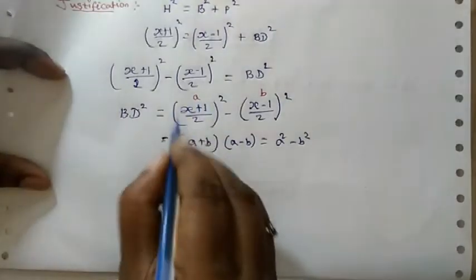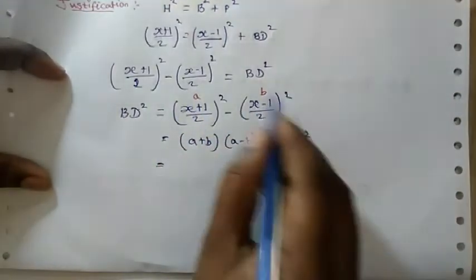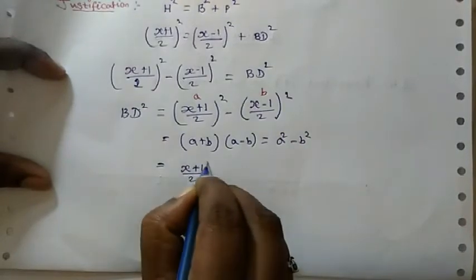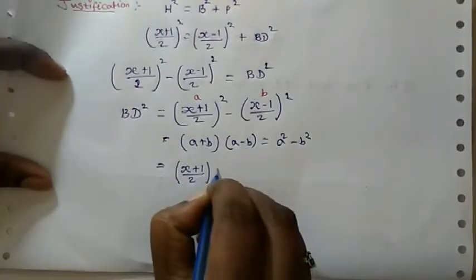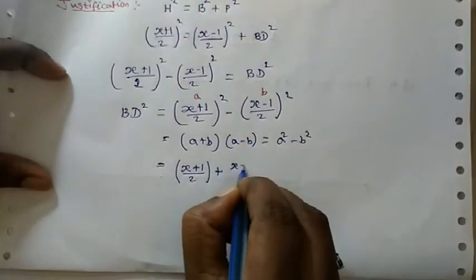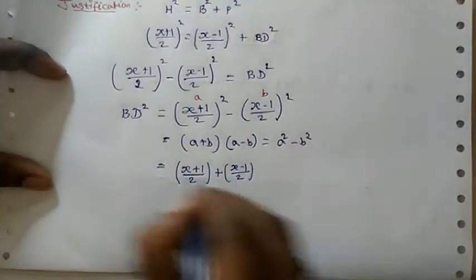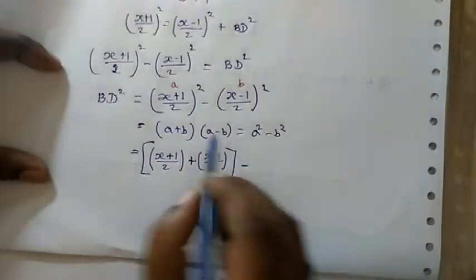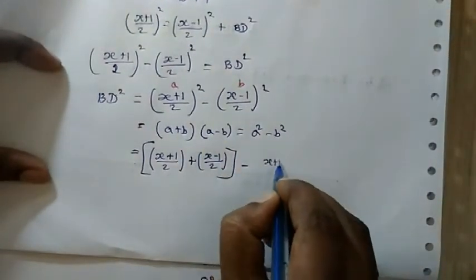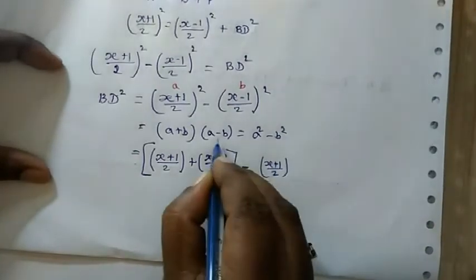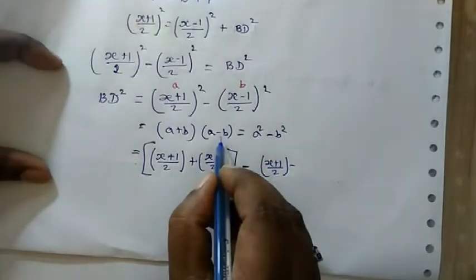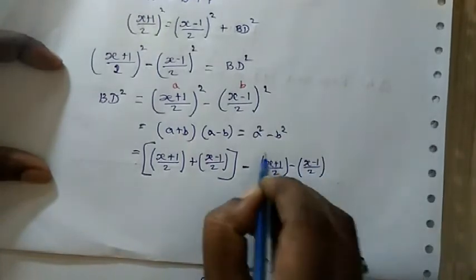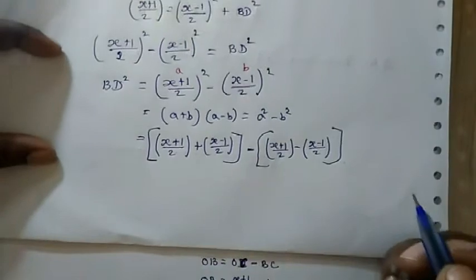In place of a we'll write a, in place of b we'll write b. So a is (x + 1)/2 and b is (x - 1)/2. The whole thing we put in a bracket, then minus, now a is (x + 1)/2, and minus b is (x - 1)/2. The whole thing we put in a bracket.